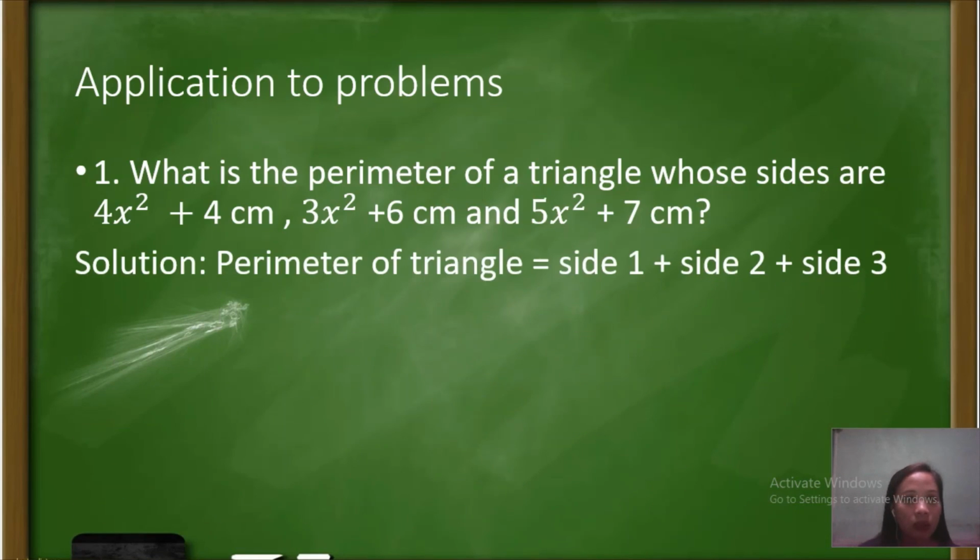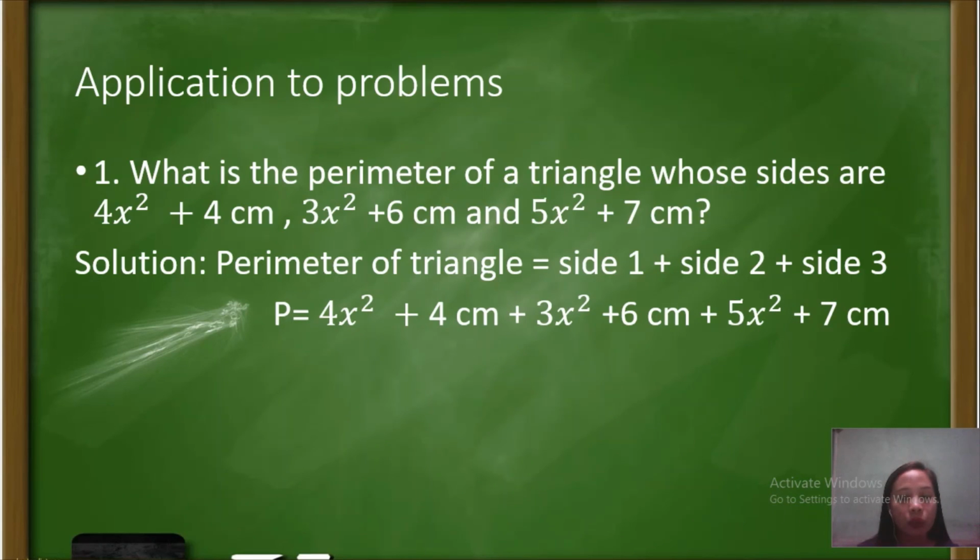Solution, the perimeter of the triangle is equal to side 1 plus side 2 plus side 3. The value of side 1 is 4x squared plus 4. Side 2 is 3x squared plus 6. And the third side is 5x squared plus 7.